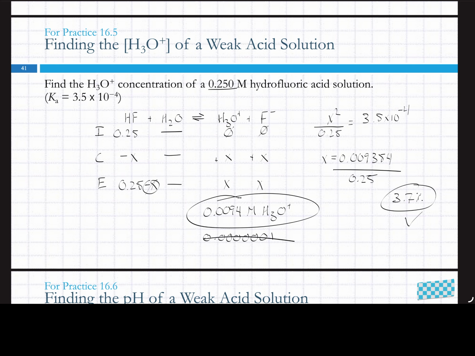So we don't need to consider this. We don't need to add it. Yeah, maybe if you're calculating OH minus.